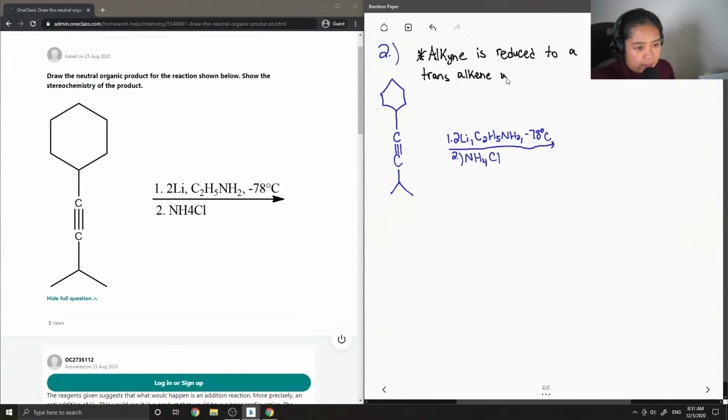So I'll draw out the mechanism to show how the reaction takes place. And this happens with a very strong reducing agent, and the catalyst which is lithium metal. So the ethylamine solvent is our reducing agent.